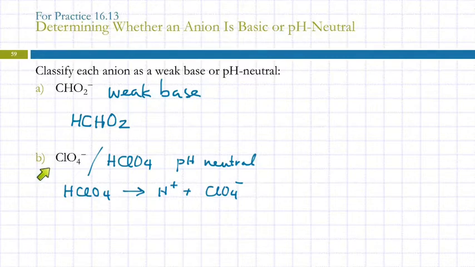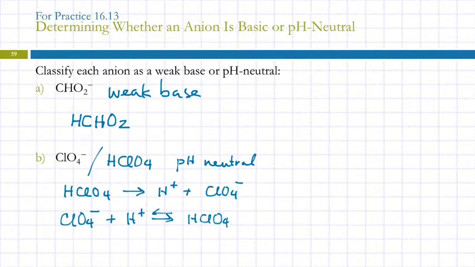If this is going to function as a weak base, it has to be able to do this. It has to accept a proton. But is it going to do that? No, because this reaction goes to completion. It does not go back. So this cannot act as a base.